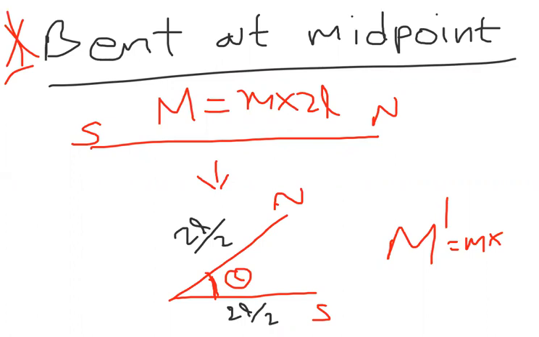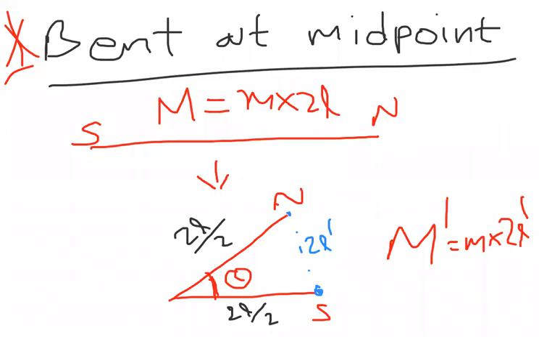So there is no effect on pole strength. But if you observe the magnetic length, it is affected, 2L dash, because magnetic length is always the straight line drawn from south pole to north pole. This is the new magnetic length, 2L dash.